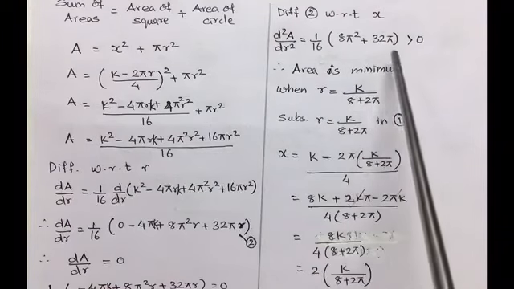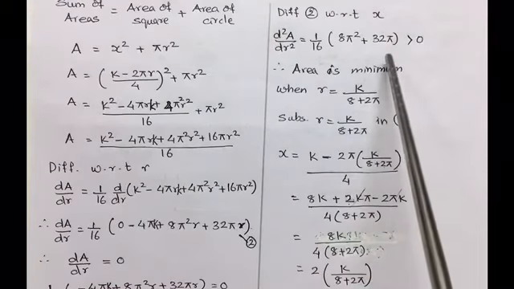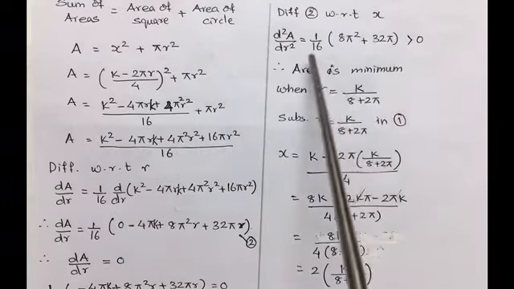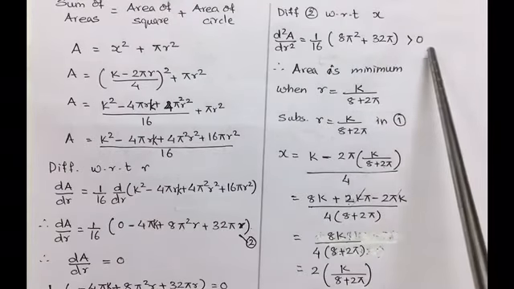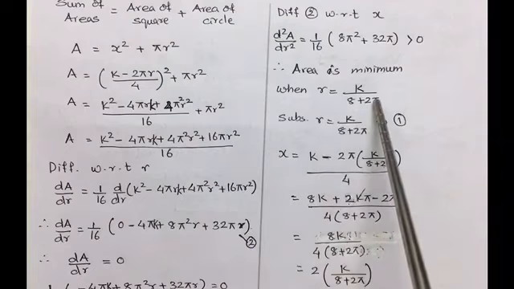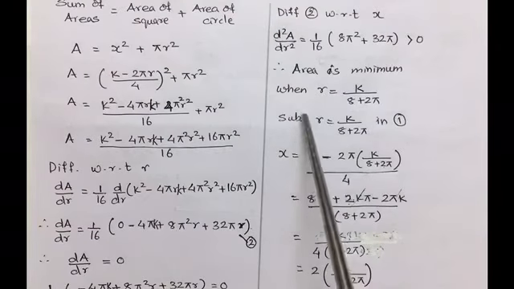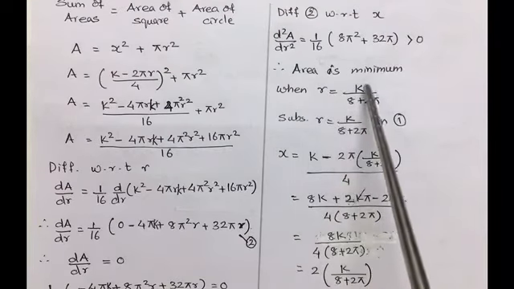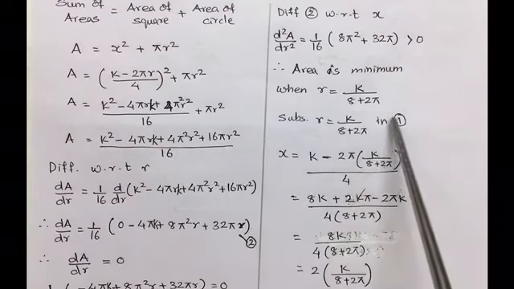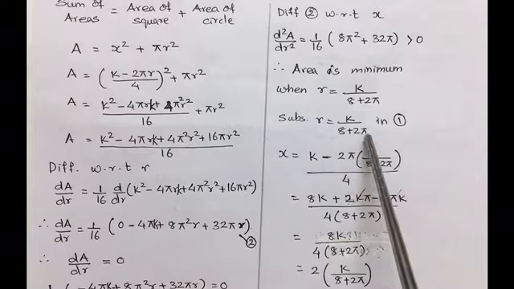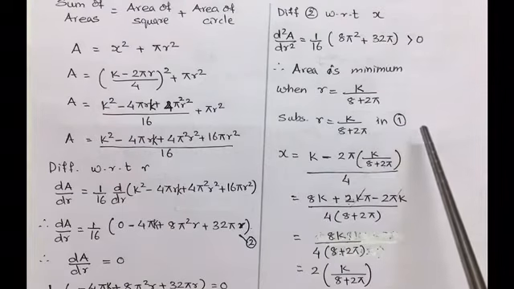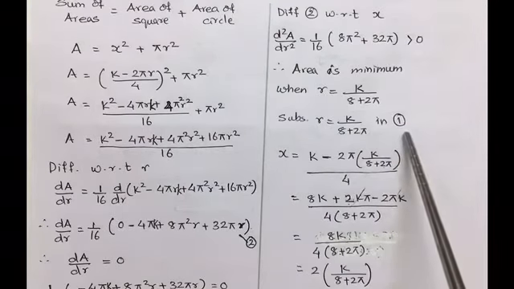Derivative of r is 1, so 32 pi. The whole term is positive, greater than 0, therefore area is minimum when the value of r is k upon 8 plus 2 pi.